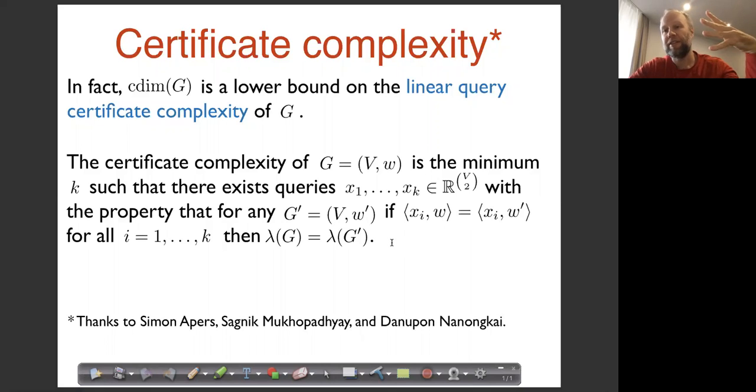So these queries kind of witness the value of the minimum cut of G, because any other graph that has the same answers on those queries must have the same minimum cut. That's the certificate complexity.